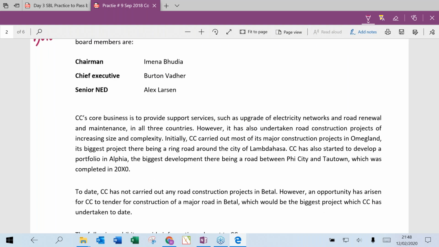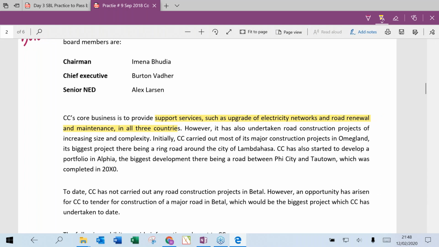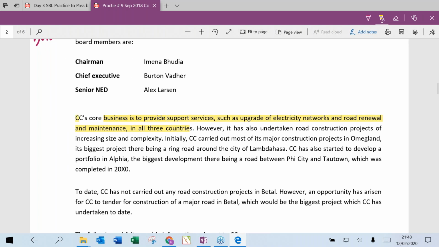CC's core business is to provide support services such as upgrade of electricity networks and road renewals and maintenance in all three countries. Okay, that's their core business. However, it has also undertaken road construction projects of increasing size and complexity.